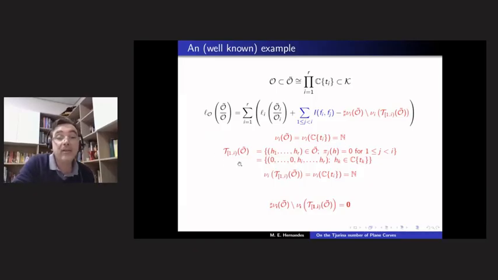On the other hand, when we consider the T interval corresponding to O tilde, this is the set of all elements in the integral closure, or every r-tuple of power series, such that the projection is 0 for all indexes from 1 to i minus 1.